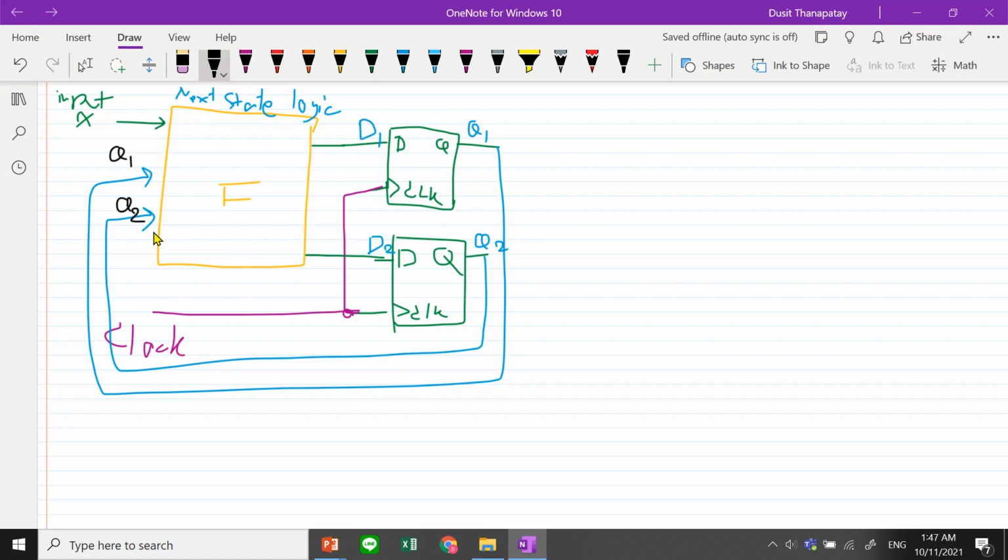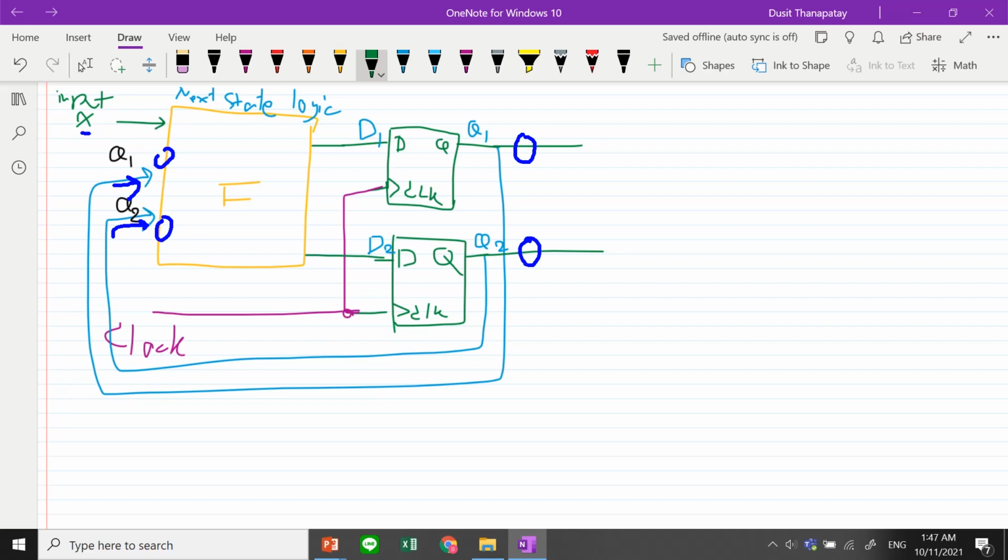Okay, for example, now again, let's give some example. Now assume the current state, or the value of Q1, Q2, is 0, 0. Okay, and this 0 feeds back to be the input of circuit F, right?